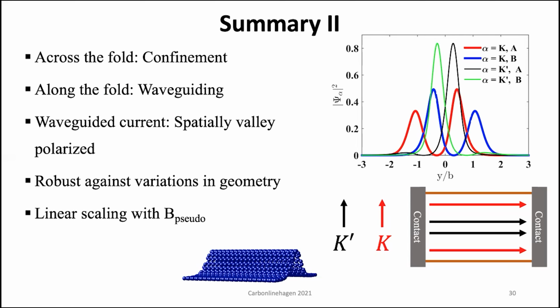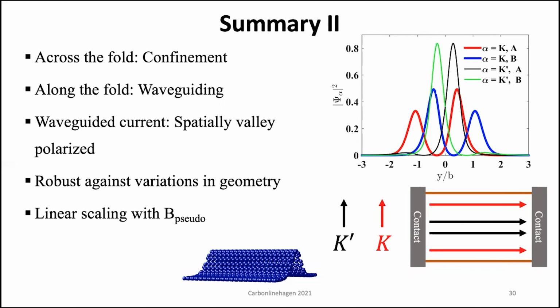Along the strain region, in this case along the fold, we see that there are states that disperse along the fold and live inside it. So we have waveguiding behavior. Moreover, we see that this current is composed of currents coming from the two valleys, which are located in different spatial regions. That is, there is a spatially valley polarized current conducting through these folds.